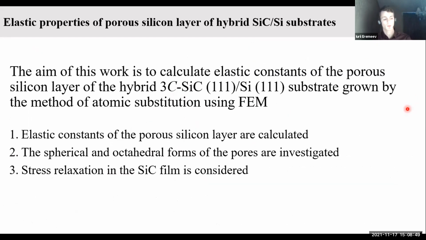So the aim of this work is to obtain the dependence of the elastic constants on the porosity of the silicon layer. The spherical and octahedral forms of the pores are investigated. Also, the stress relaxation in the SiC film is considered.